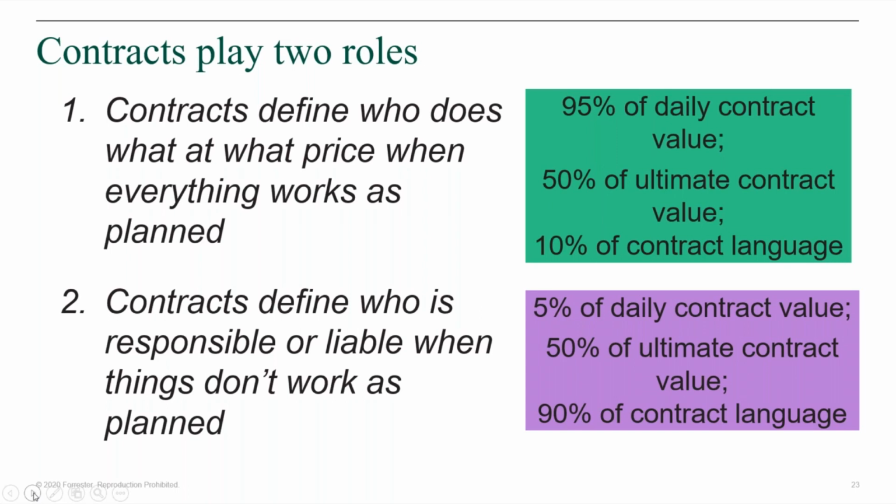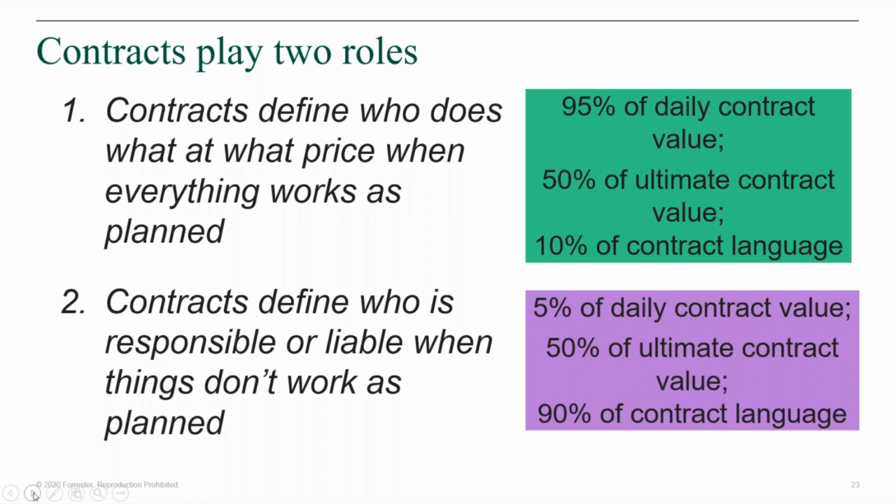So on a day-to-day basis, that part of contracts may only deliver 5% or less of daily contract value, but they represent 90% of contract language, because at the end of the day, a contract that blows up, that leads to a massive failure, can cost you not just the value of what you spend, but other forms of loss: reputation loss, financial loss, supply chain disruption loss.